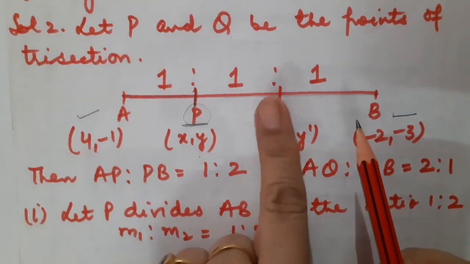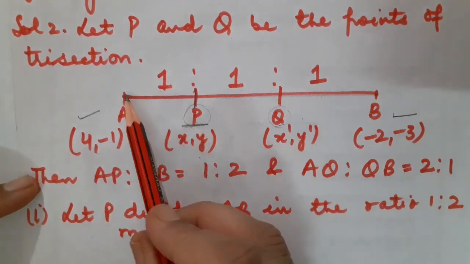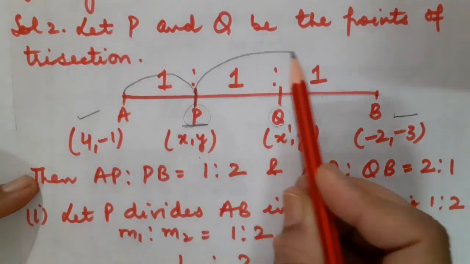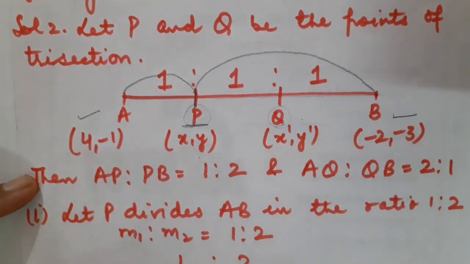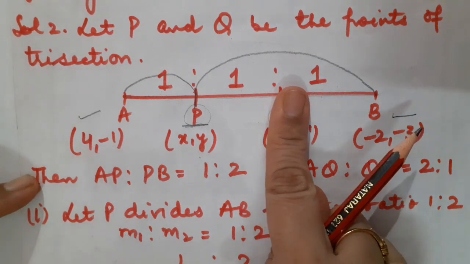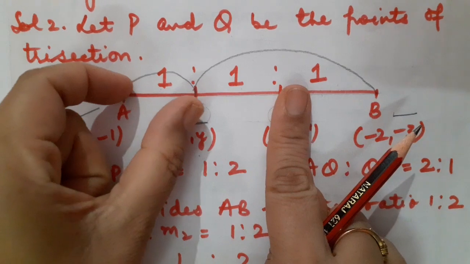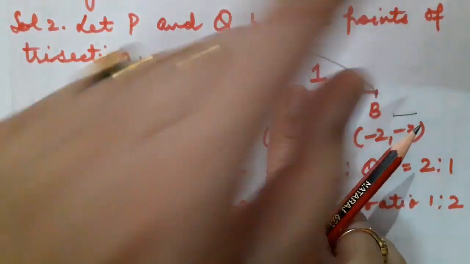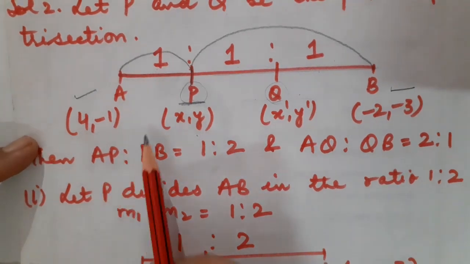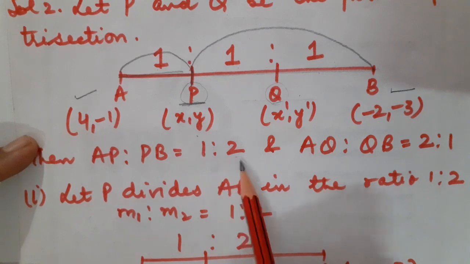If I hide this Q, then this point P divides the complete line segment in the ratio 1:2. Have a look, I am talking about point P only. So point P divides the complete line segment in the ratio 1 and then 2. The same I have written here, that AP upon PB must be 1:2.